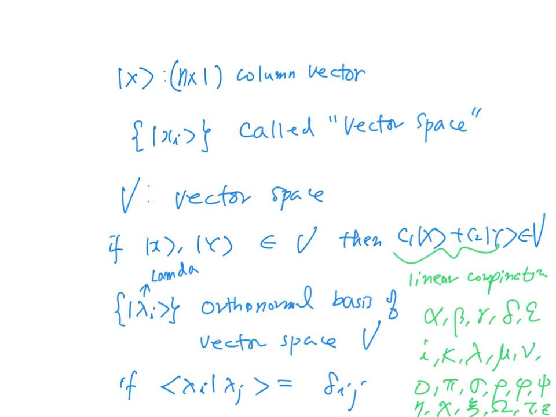So V is a vector space with an orthonormal basis.